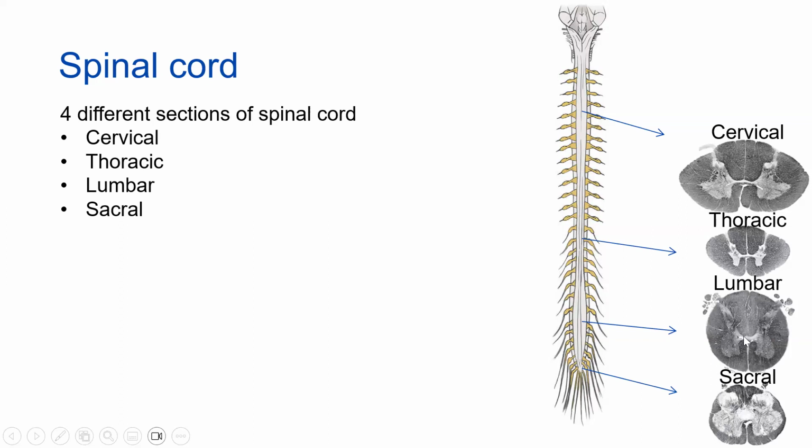Maybe just for your info, maybe you know someone with sciatica, which causes pain that radiates down your leg, and this is caused by nerve damage to L5S1. So in the lumbar and sacral region.